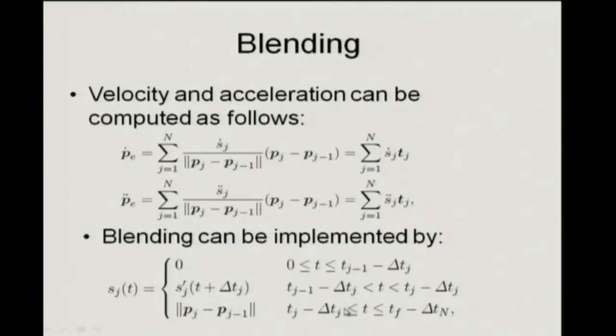So, if you want to, you can compute the velocity and accelerations based on this by simply taking derivatives. And finally, you can blend by just changing this. Instead of going from Tj minus 1 to Tj, you just have a minus delta t where you will blend in that small area. So, this is just a small variation of it. So, then you can successfully blend it also.